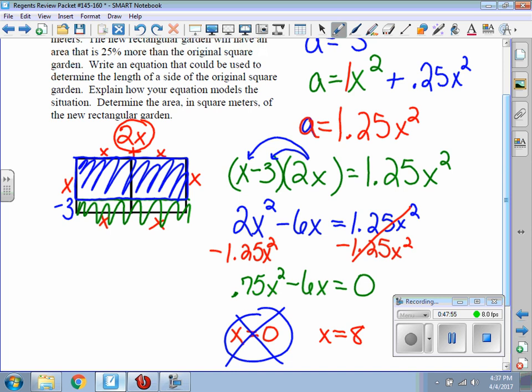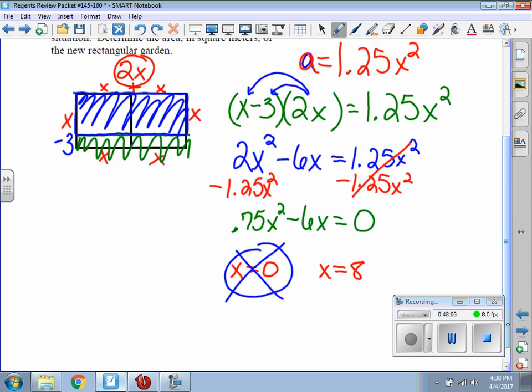Well, that's great, but it still wants to know, determine the area in square meters of the new rectangular garden. So this would have been that last part. It would have said, hey, use your answer that you just got to figure out the area of the new garden.